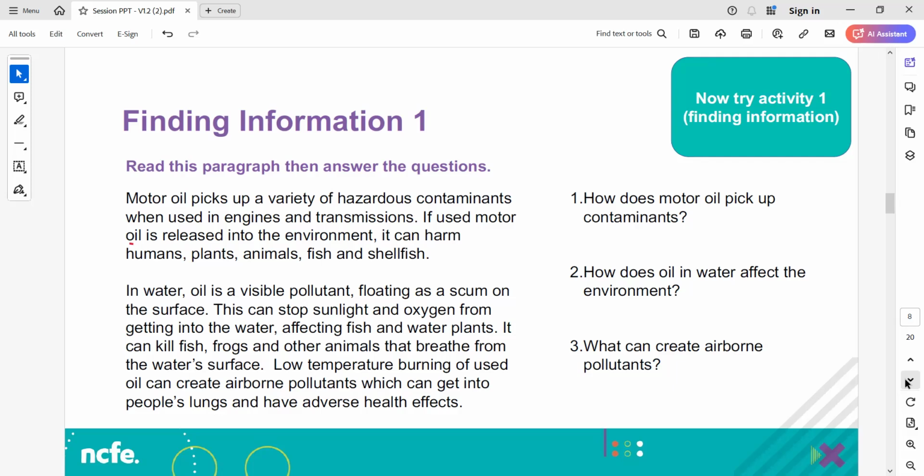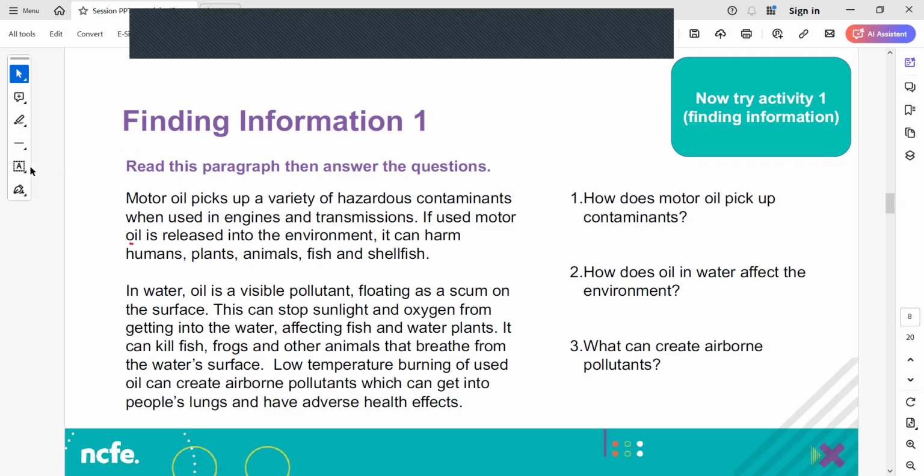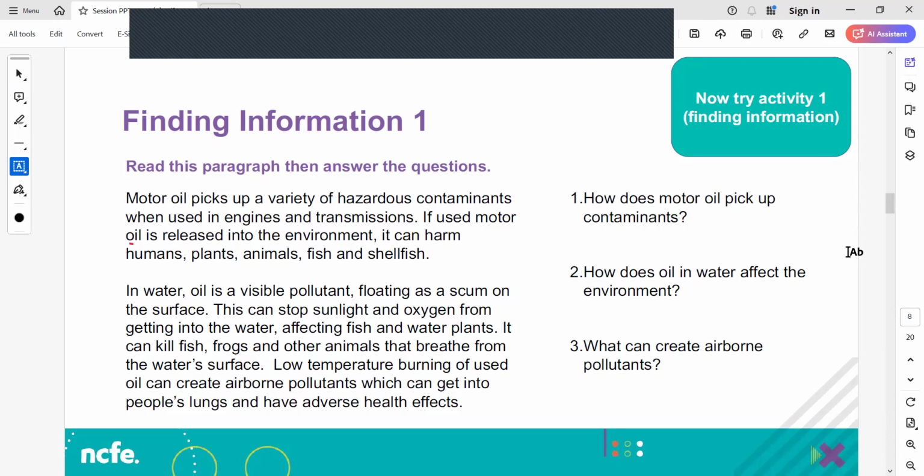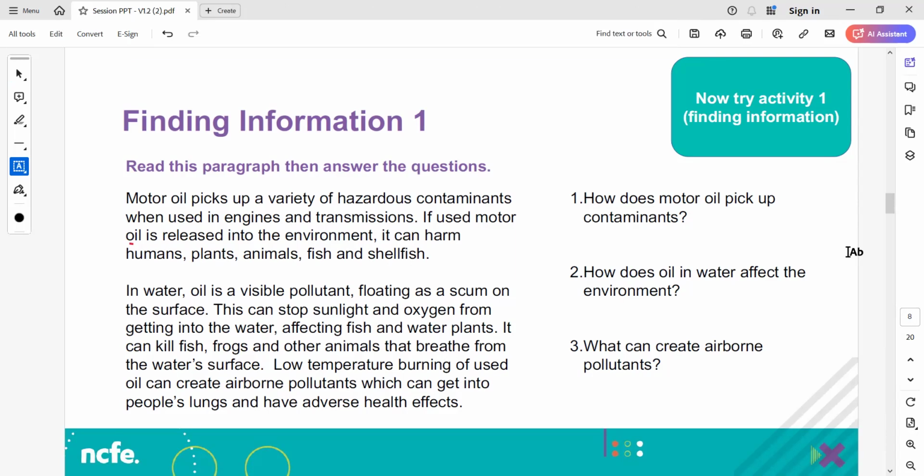So question 1, how does motor oil pick up contaminants? What reading skills do we need to use? Skimming, scanning, reading for detail. We've read the question. In order to answer it, which of those reading skills do we need to use?